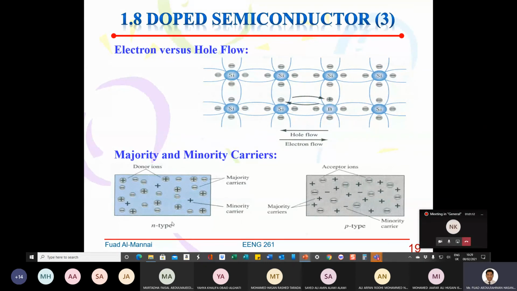In the N-type material, the majority carriers are electrons, but the minority carriers, very few, are holes. In the P-type, the majority carriers are holes, but the minority carriers are electrons. Everybody get that? Any questions?